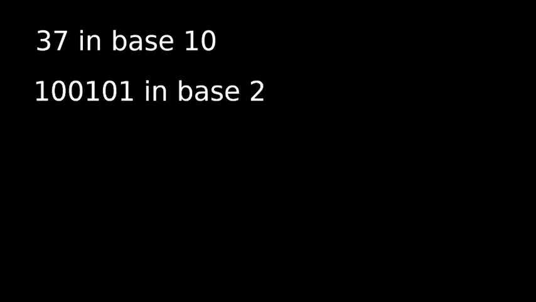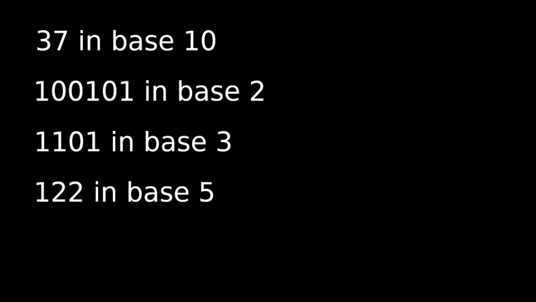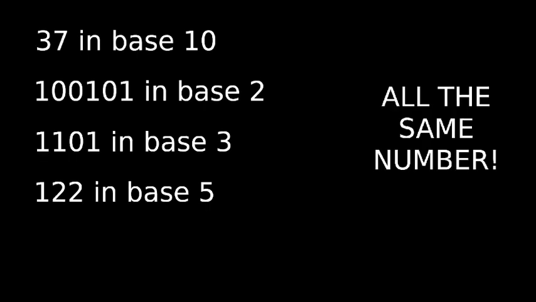However, we can also write 37 in base 2, binary, and it would be 100101. We could also use base 3, which would be 1101, or base 5, which would be 122, and so on. The point is that all of these represent the same number. The way to interpret these digits is as coefficients in an expansion of powers of the bases.